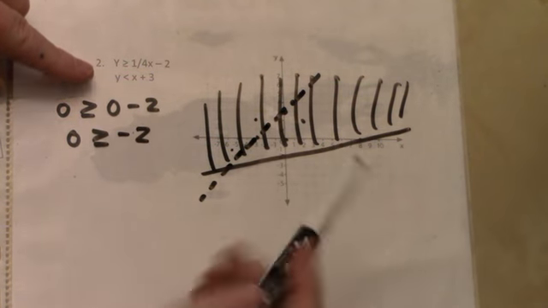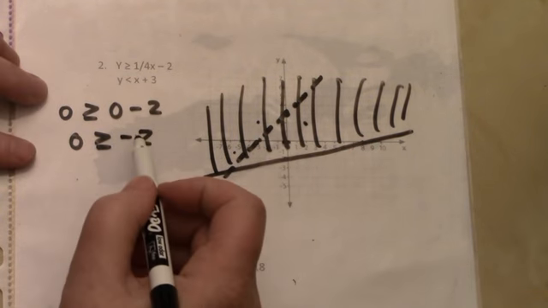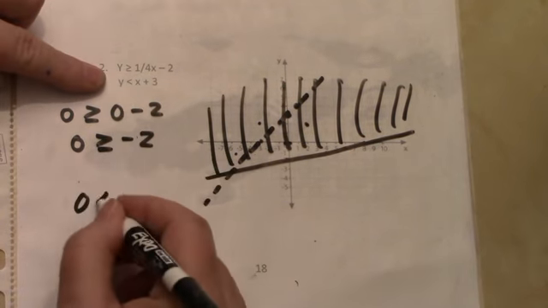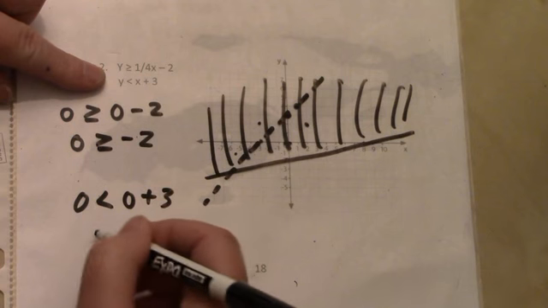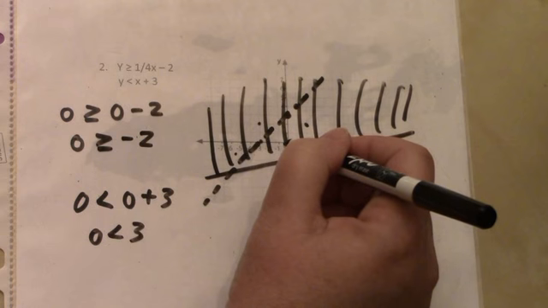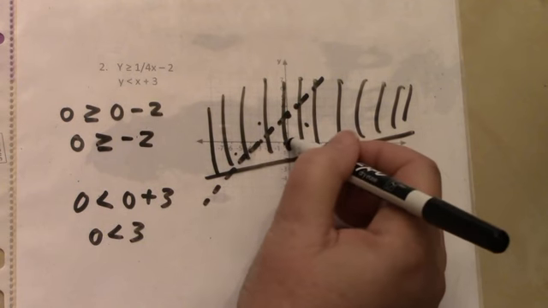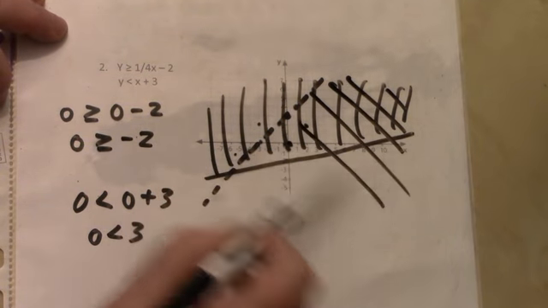And which side? Am I going to shade everything under here or am I going to shade everything over here? We test 0 again. 0 is less than 0 plus 3. Is 0 less than 3? Yes. This is our 0 point. This is the line. That means everything on this side of that line is true.